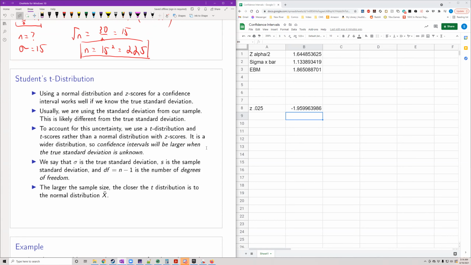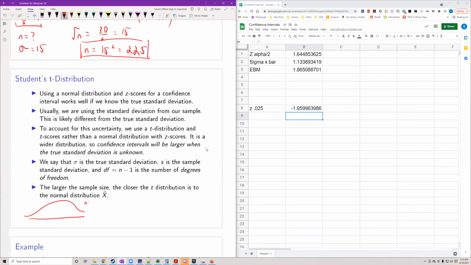We're not going to go into detail at all about why a t-score works. What we are going to talk about is when to use it and what the differences are. A t-score, which comes from a t-distribution, is like a normal distribution, but it is a wider distribution.